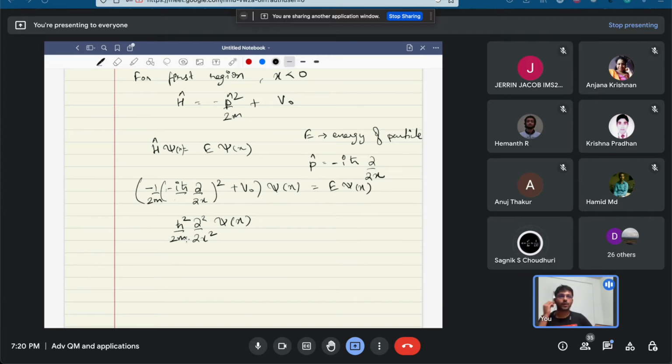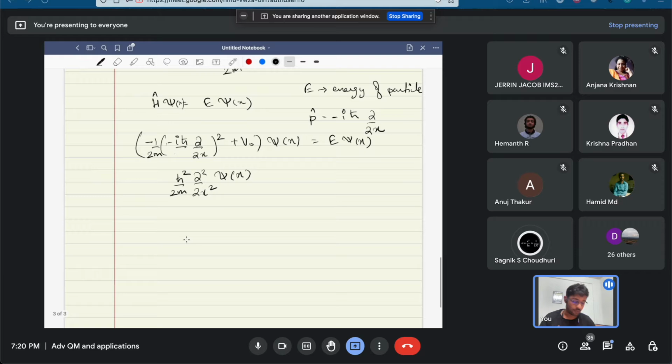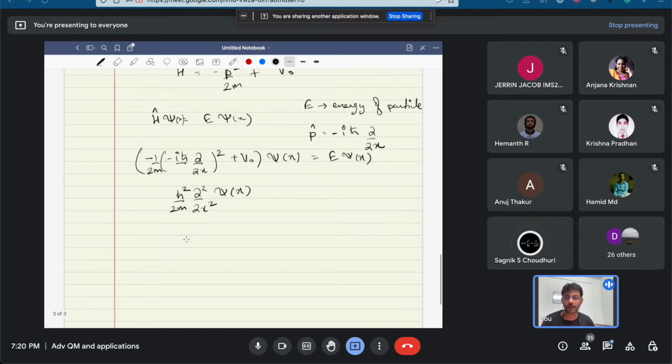So this is what we get for a free particle. When you have a free particle, let's say there is no potential, you know that momentum is P equal to mv.